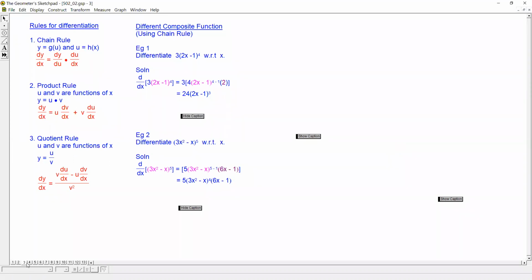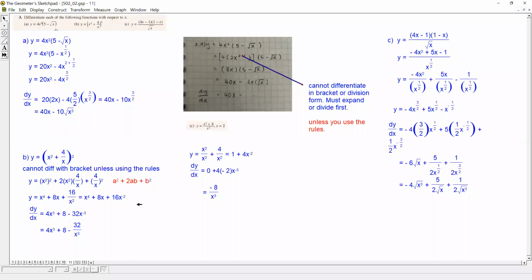These will enable you to differentiate without removing the bracket. But at this stage, you have not learned all the rules yet. So what you can do is remove the bracket, or remove the fractions, then only can you differentiate at this moment.